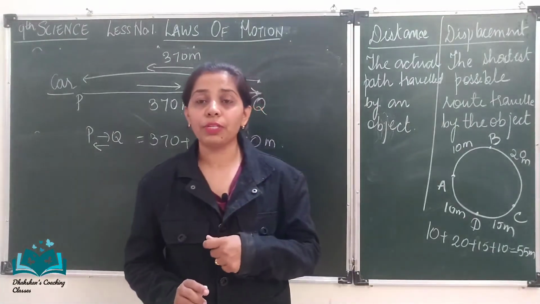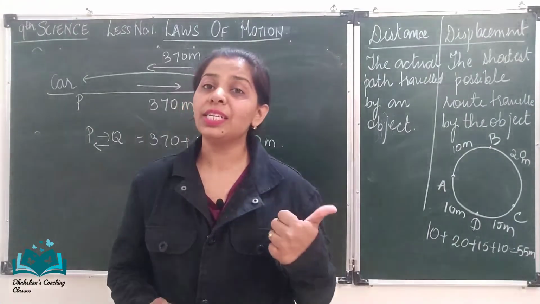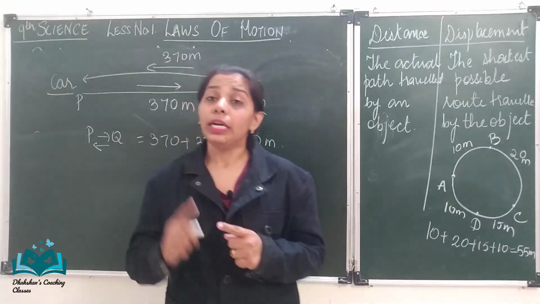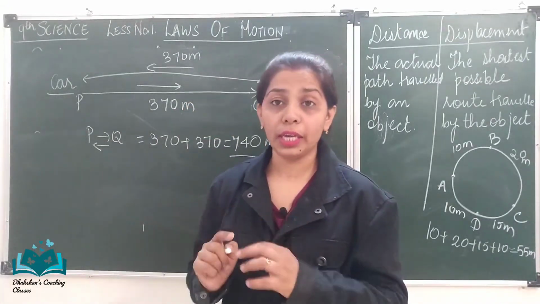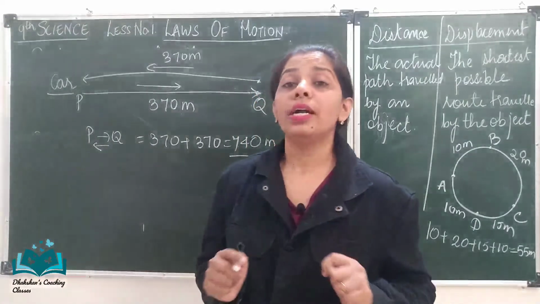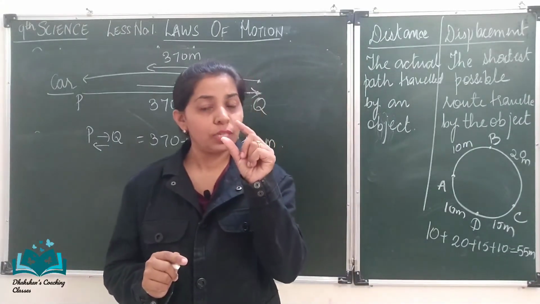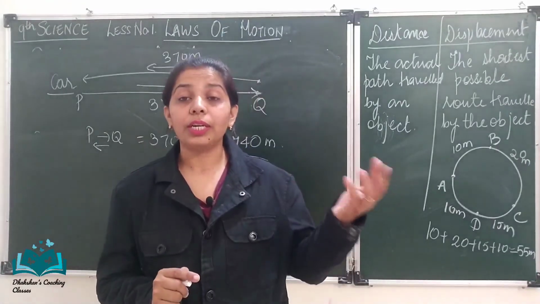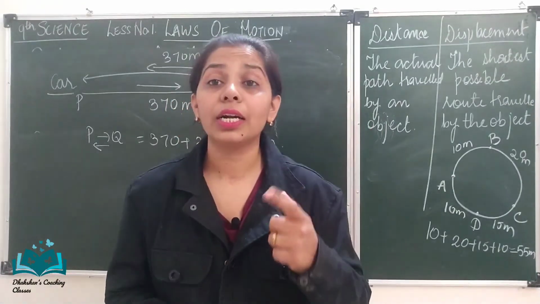Then the second topic that we studied for today's class was distance and displacement. Distance is the actual path taken by the object to reach its destination, whereas displacement is the shortest possible route that the object takes to reach its destination.